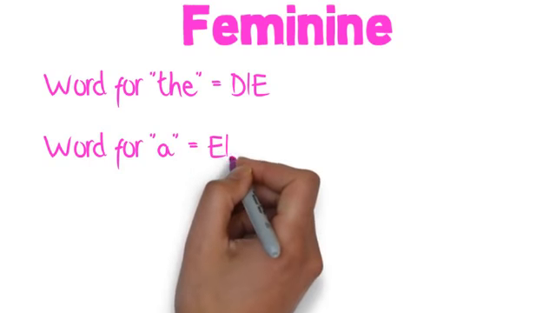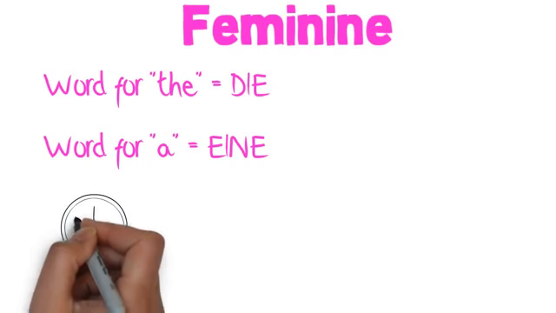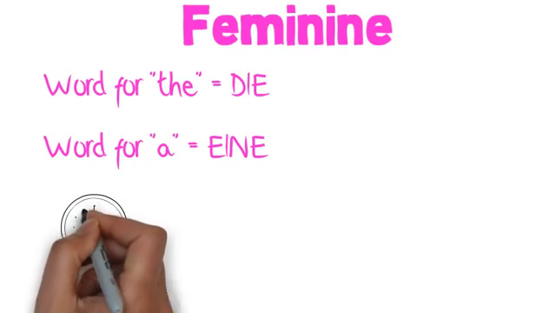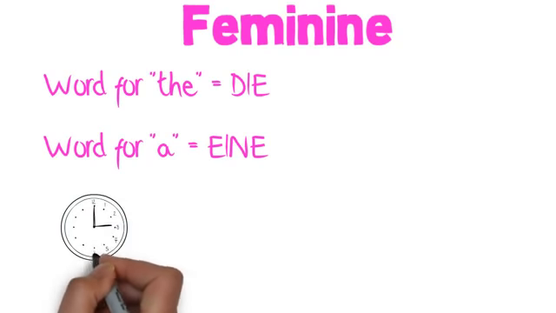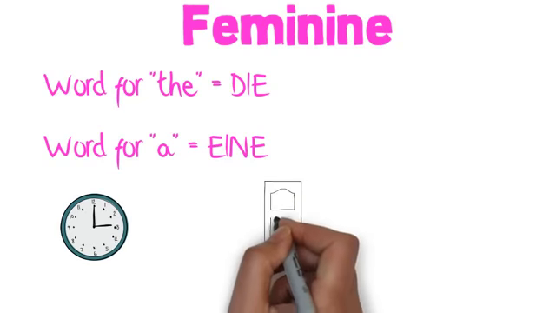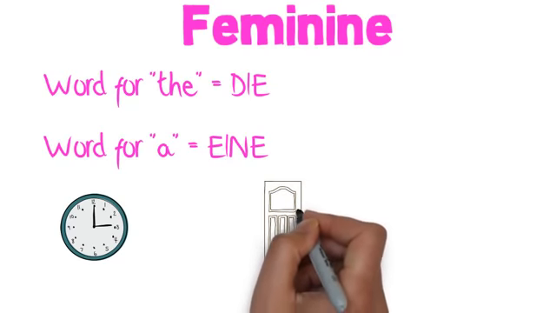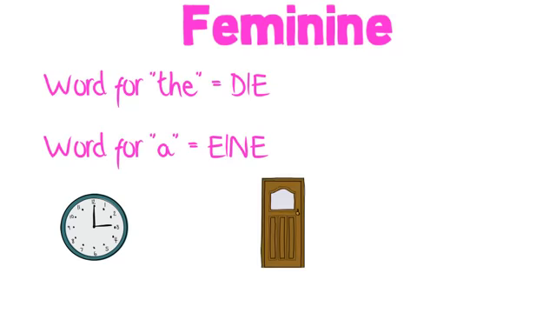With masculine nouns, you use der for the and ein for a. But with feminine words, you use die for the and eine for a. So since clock, Uhr, is feminine, you would say die Uhr or eine Uhr. Other feminine nouns would follow the same pattern.